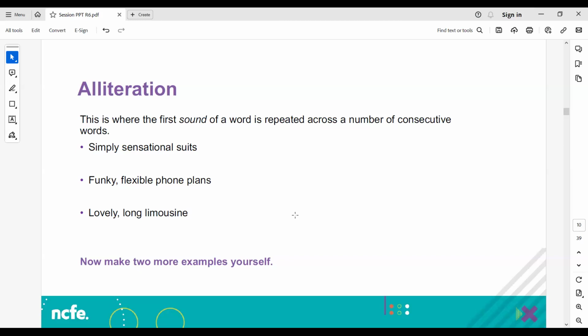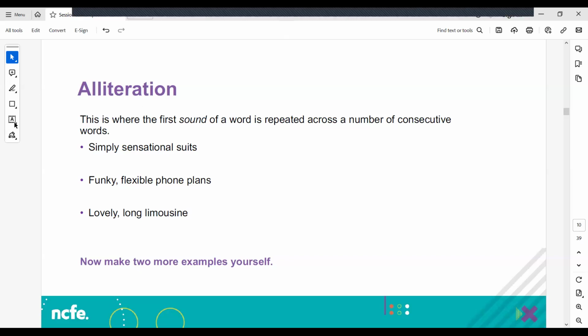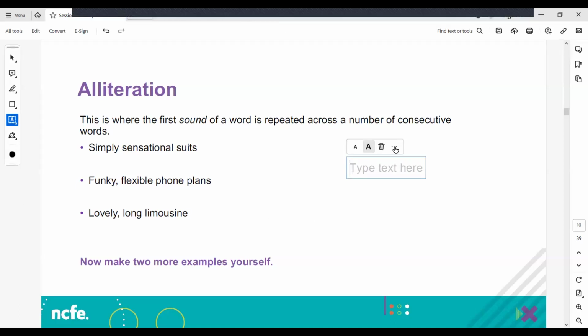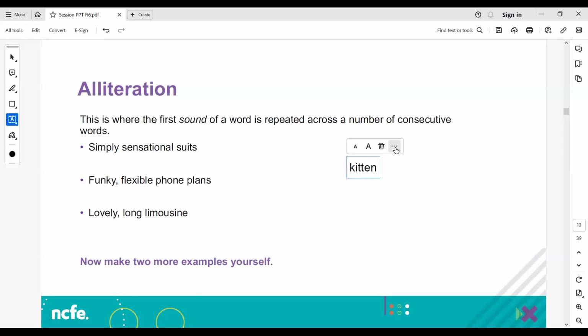So let's have a look. If I give you the word kitten, can you think of some words beginning with that sound to describe the kitten? How could we describe a kitten using a word that begins with that K sound?